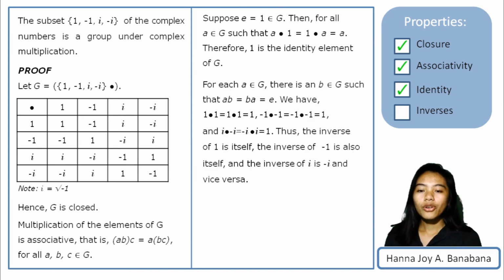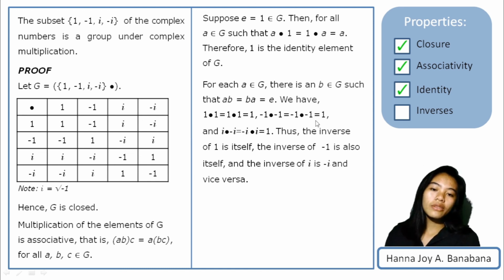Next, for each a element of G, there is a b element of G such that ab is equal to ba is equal to e. Meaning, when we multiply an element from G by another element of G, the answer is the identity element. We have 1 times 1 is equal to 1 times 1 is equal to 1. Negative 1 times negative 1 is equal to negative 1 times negative 1 is equal to 1.